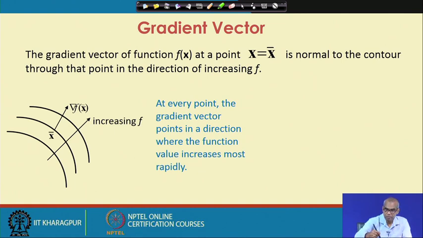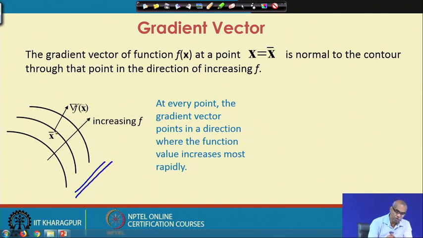So, if you consider these contours, so let us say this is the point which is x bar. The gradient vector will point in the direction of increasing function value. So, the gradient vector points in this direction as shown in the figure. Also, at point x bar, the gradient vector is normal to the tangent drawn at x bar on the contour.